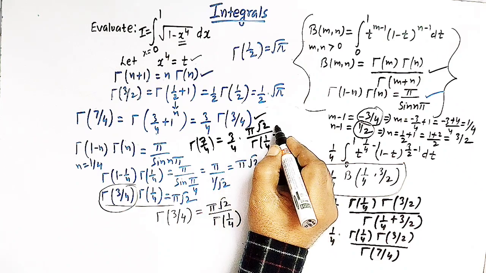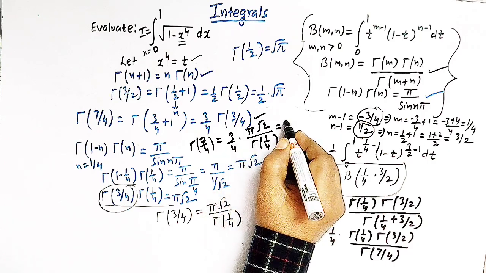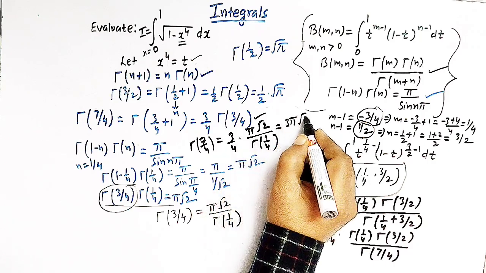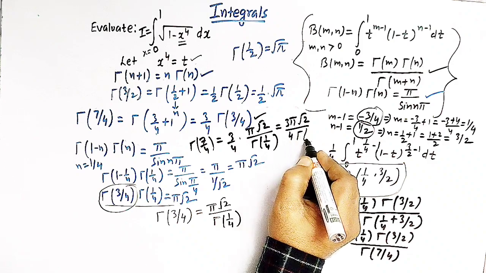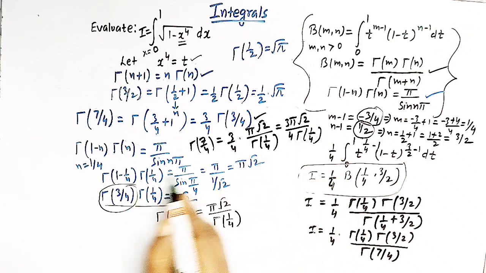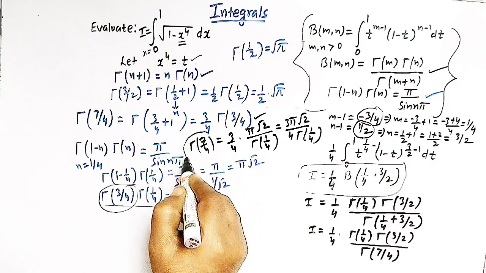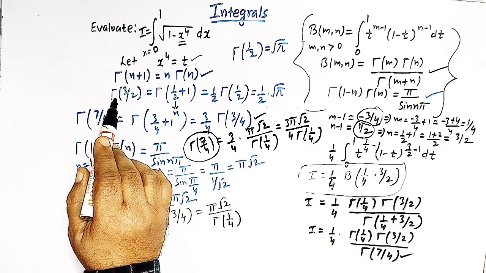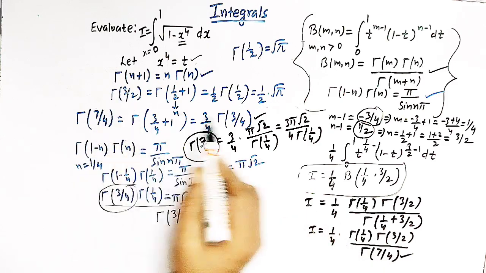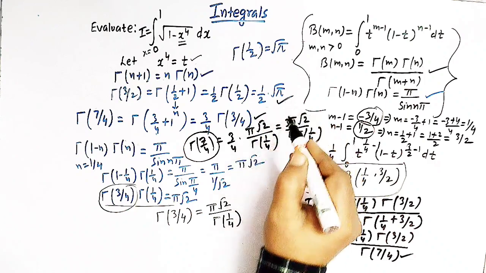So now we can rearrange the terms. So we have 3 pi root 2 divided by 4 times gamma 1 over 4. Now let us substitute the value of gamma 7 over 4 in this relation, and then we'll also substitute the value of gamma 3 by 2, that is half root pi.